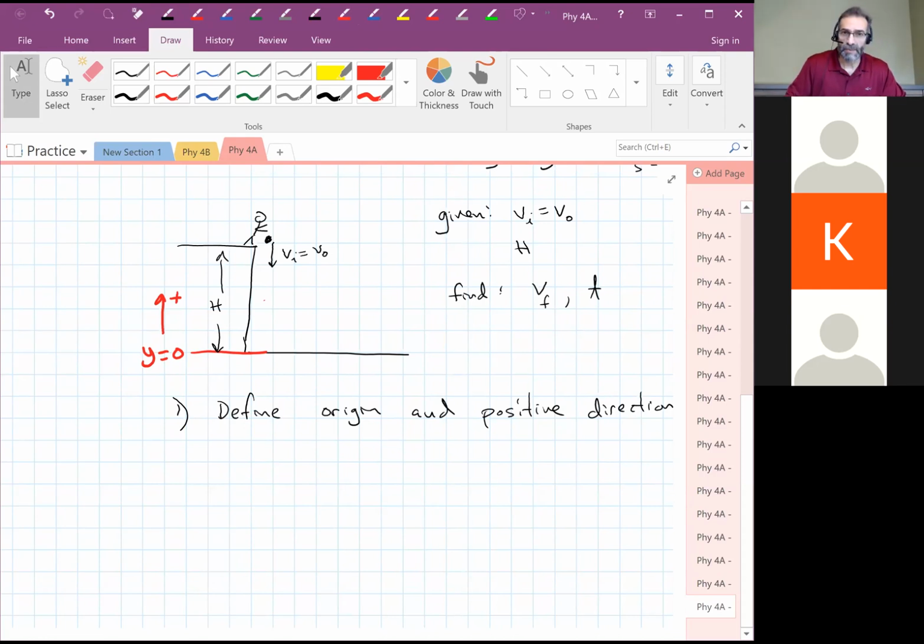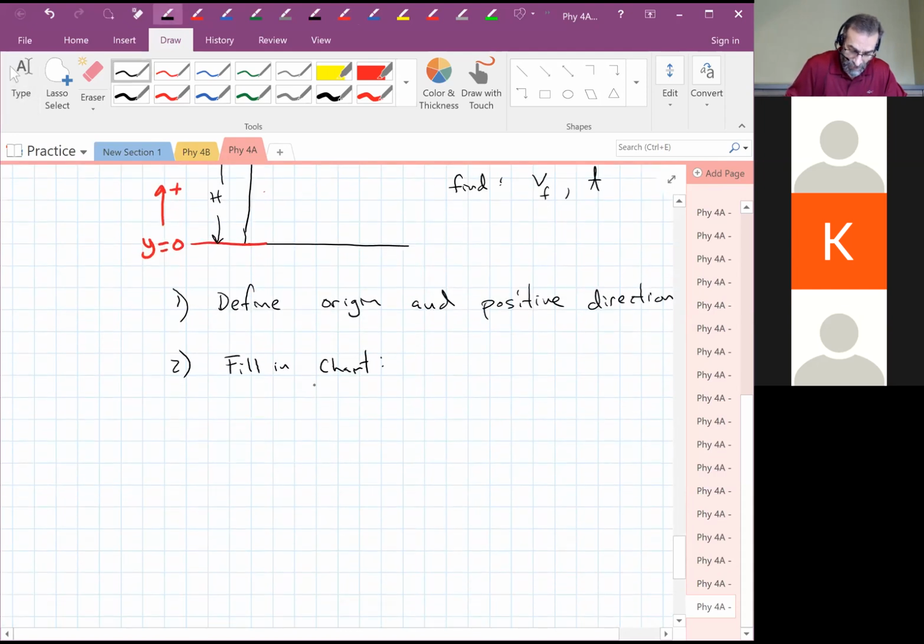This is probably what you would have done, right? Now I fill in my chart. I'm going to call this y motion since it's vertical. We've got y initial and y final, which is really delta y.